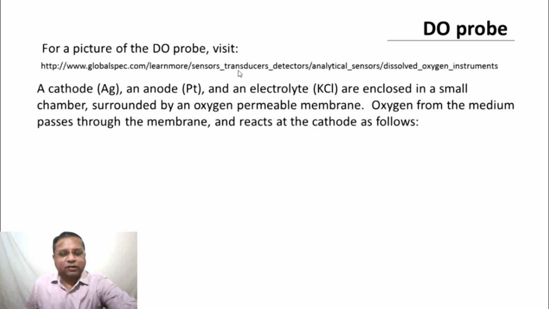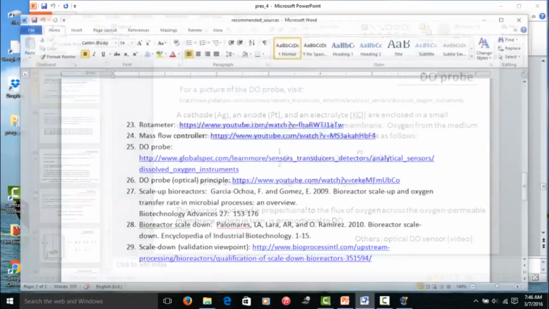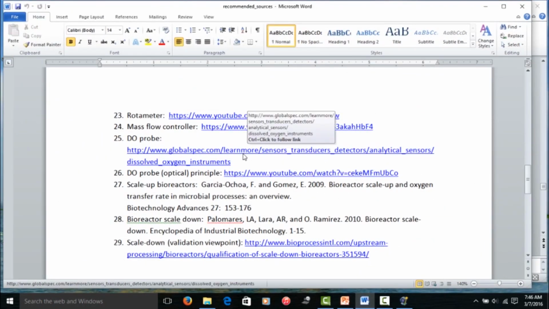Let me show you that site before we go forward. This is the DO probe. This is a picture of the probe that you could see there. And this is also for DO, which uses an optical principle. Probably we'll look at that later.